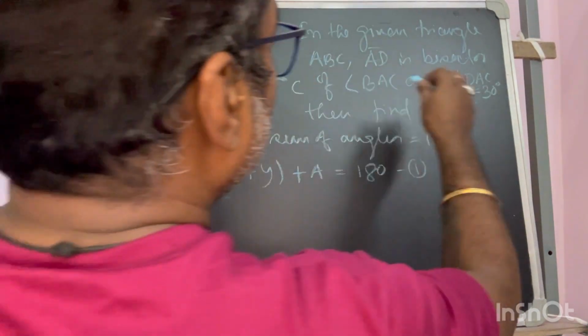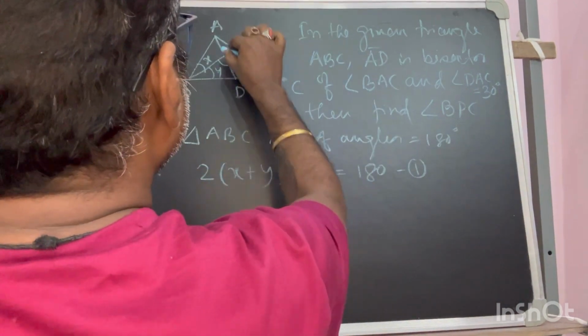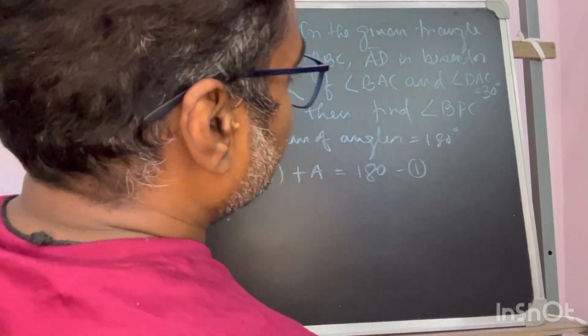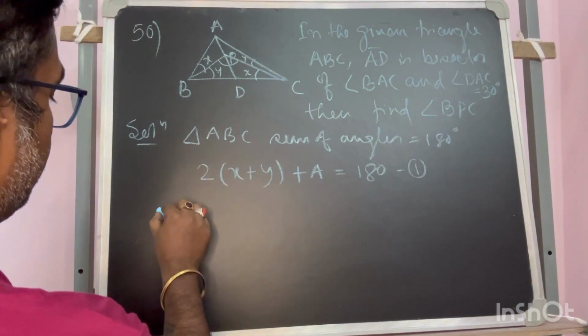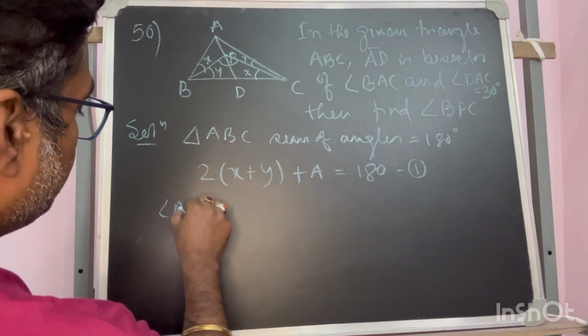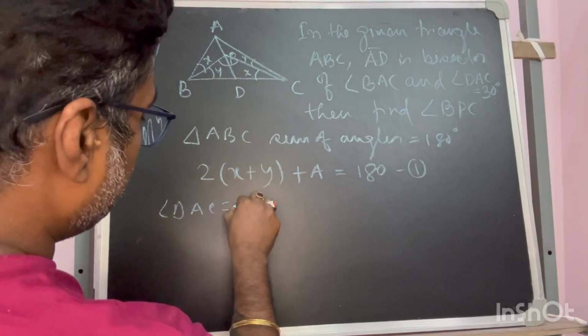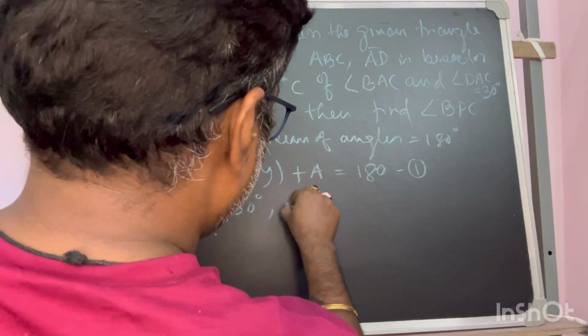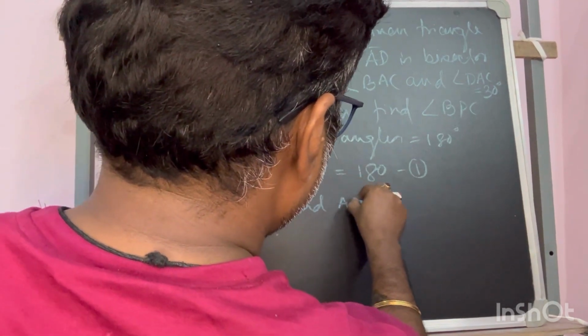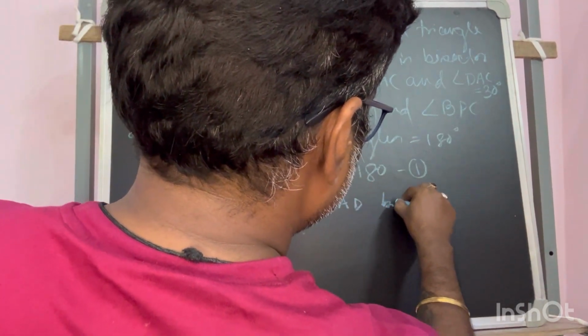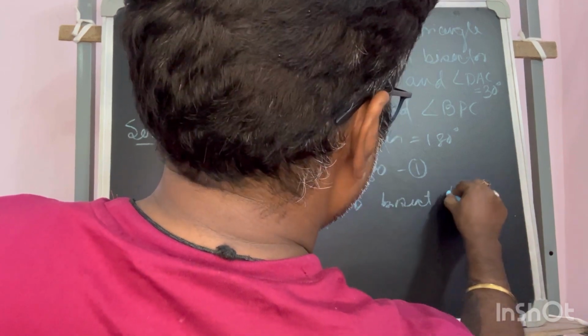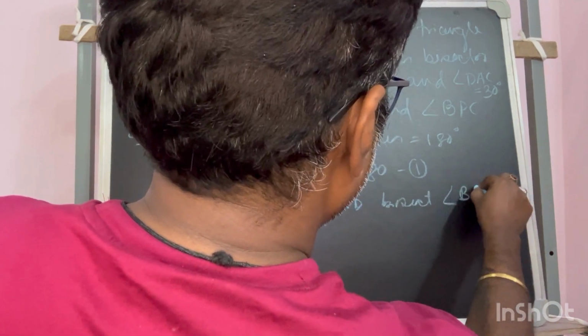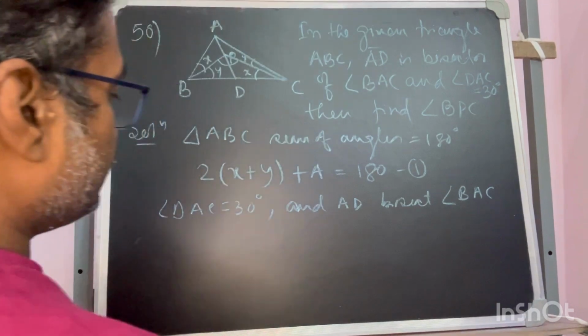Now given angle DAC is 30 degrees, and AD bisects angle A, meaning BAC.